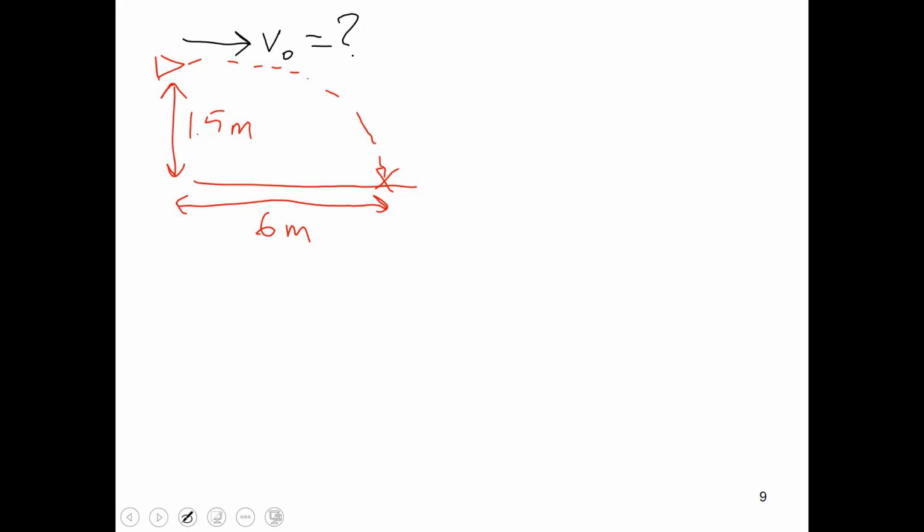So let's start drawing out tables. In the X direction, what do I have? I've got displacement. My displacement is 6 meters. My initial velocity in the X direction, I don't know that. My final velocity in the X direction, I don't know that. Acceleration in the X direction, well, once the dart leaves the gun, nothing is working on it in the X direction.